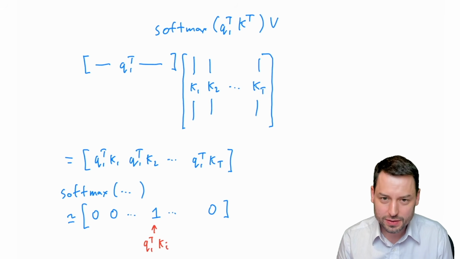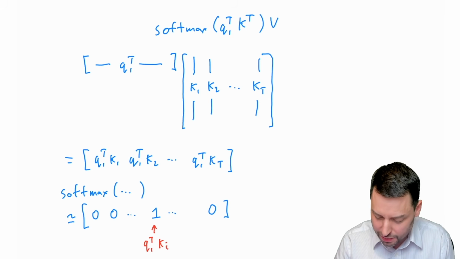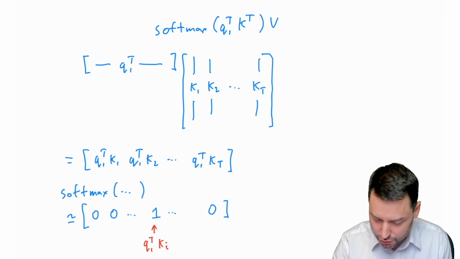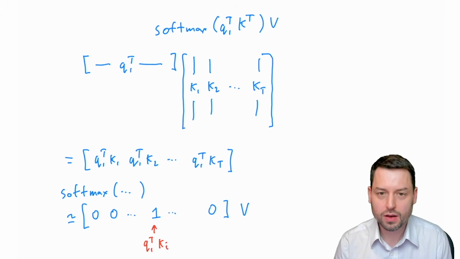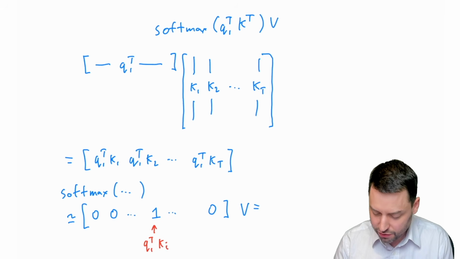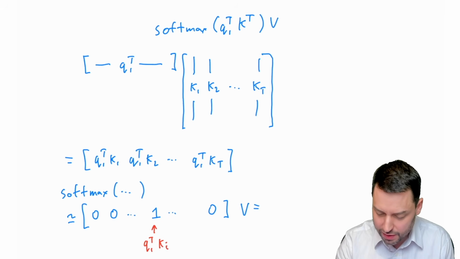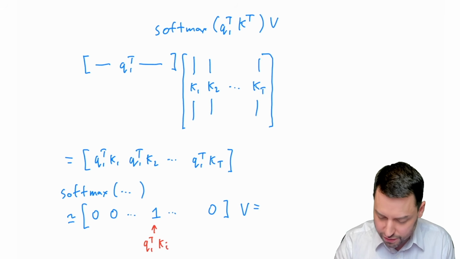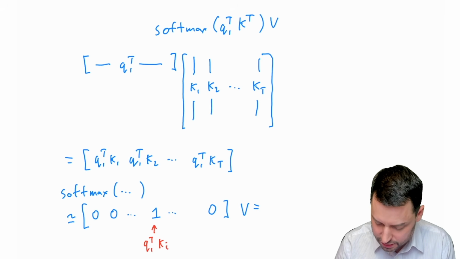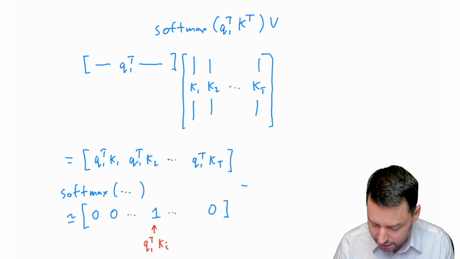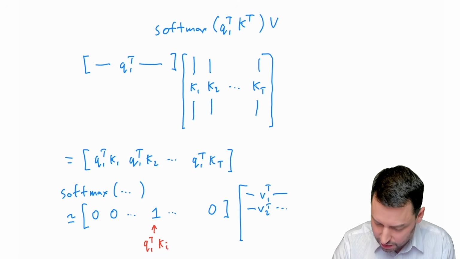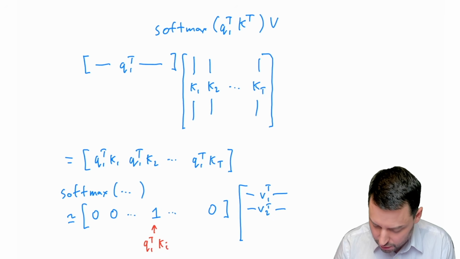And now, when we multiply this whole thing by V, what this is going to be is a linear combination of the rows of V. Let me write V by rows, just to make this explicit: V1 transpose, V2 transpose, etc., all the way down to VT transpose.